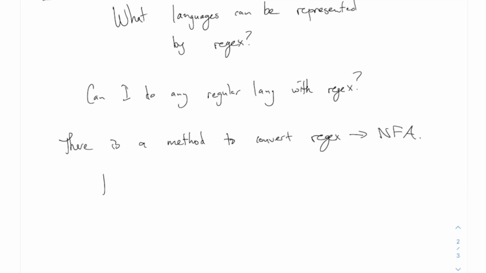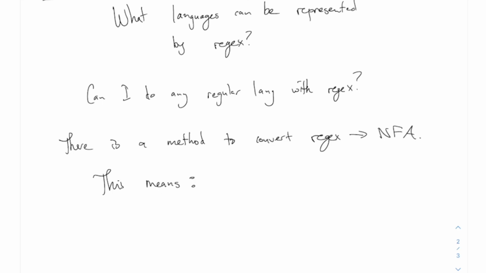This means, theoretically speaking, what does this mean about the kinds of languages which can be expressed by regular expressions? Yeah? They are not necessarily the same type, but it means if you have a regular expression, you can do it as an NFA, right?